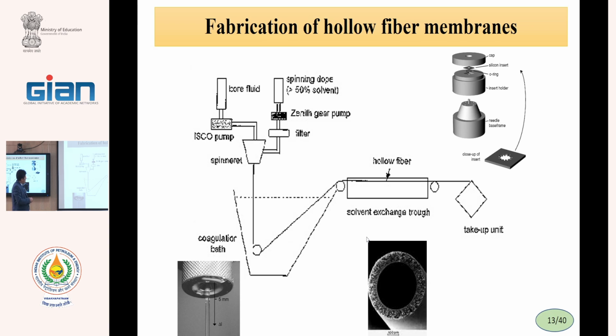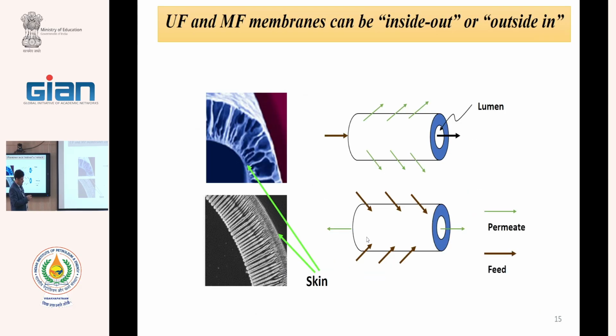And after production, we take off on the roll. Therefore, we produce the tubular hollow fiber that has entrance and exit area. Usually we say to the inside of the hollow fiber, lumen area. Lumen area, that means the inside of the hollow fibers.